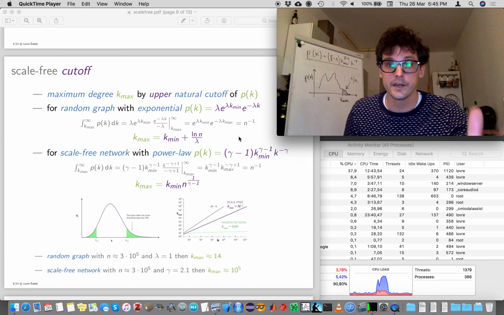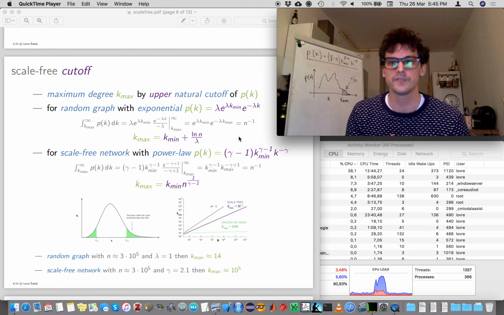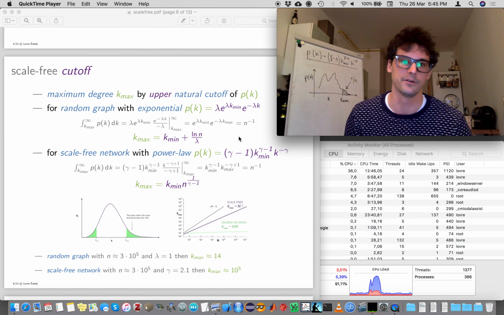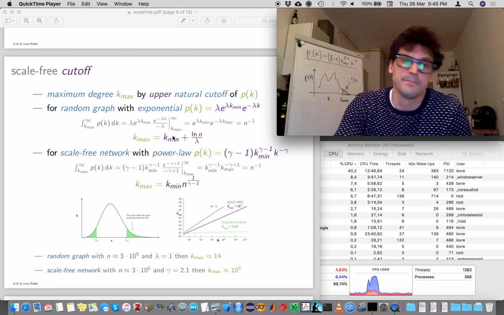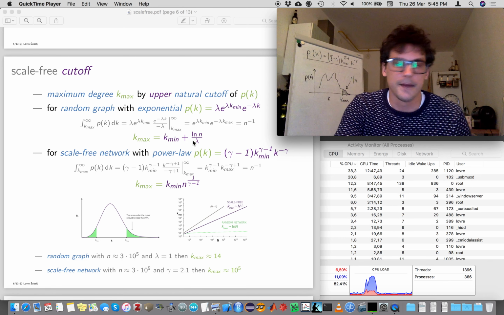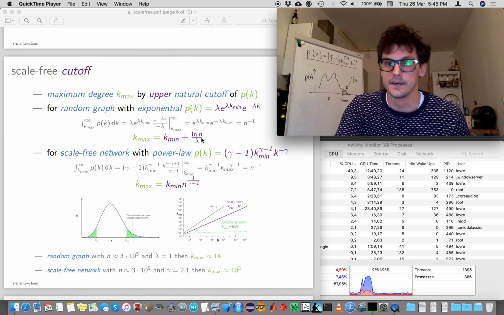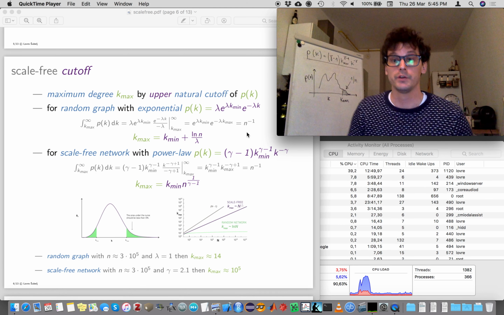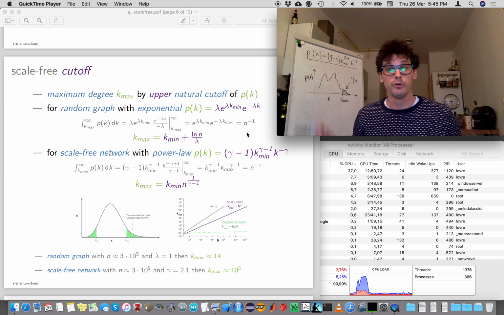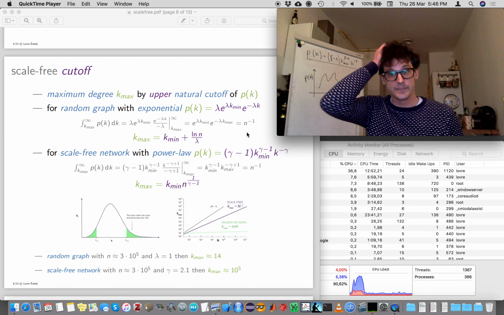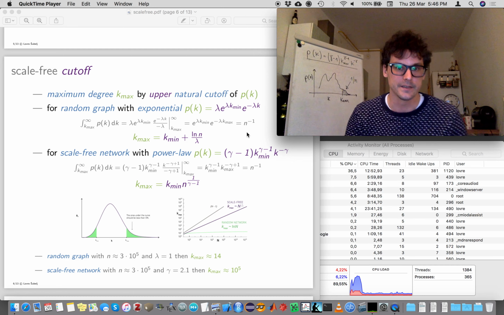The main thing here to see is that the size of the largest hub scales logarithmically with the size of the network. K sub min will be some small number, lambda is also some parameter, so how k sub max scales is basically the logarithm of n. So it will scale very slowly with n. Even for large values of n, we do not expect to get very high degrees.